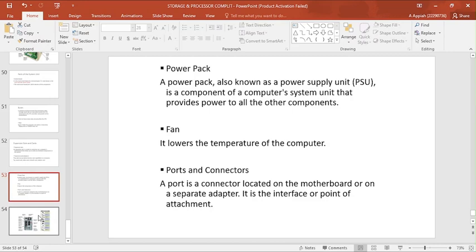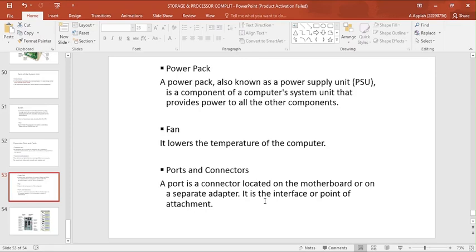Last but not least, we talk about the ports and connectors. A port is a connector located on the motherboard or on a separate adapter. It is the interface or point of attachment. So these ports can help us to attach or connect a USB mouse or a USB keyboard.